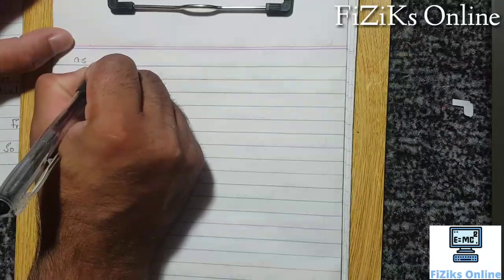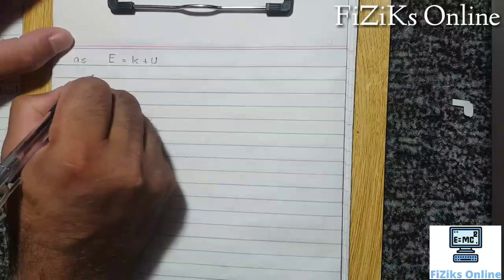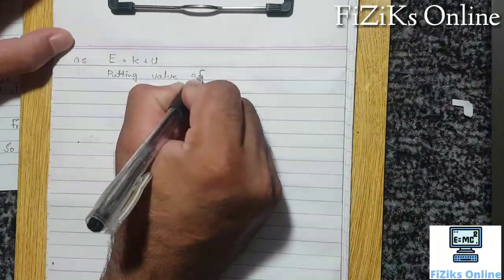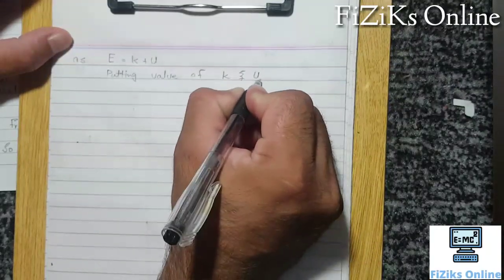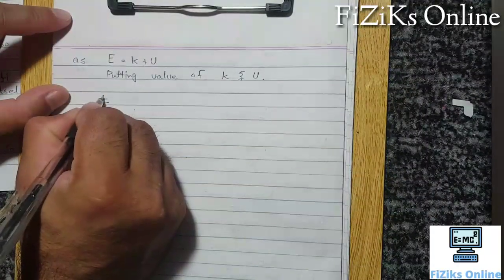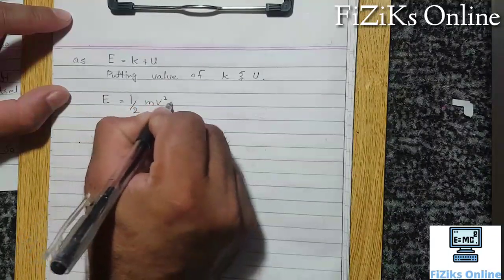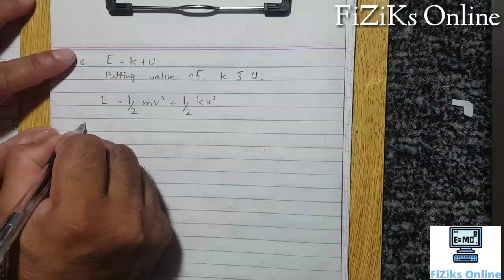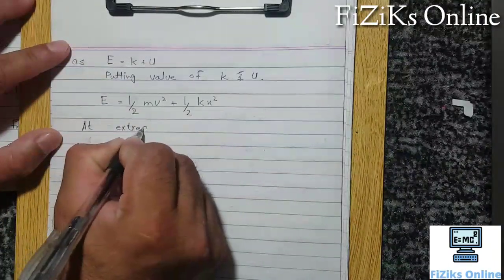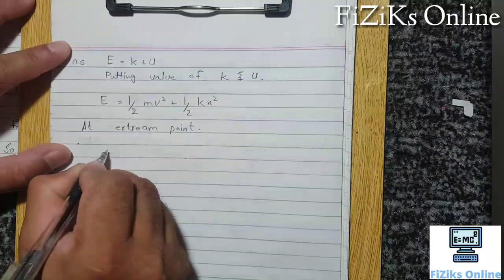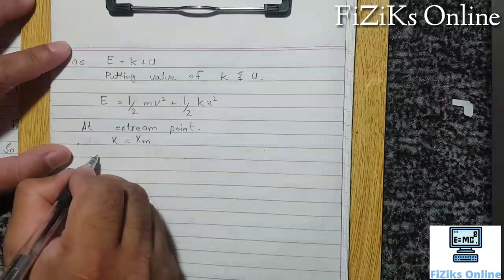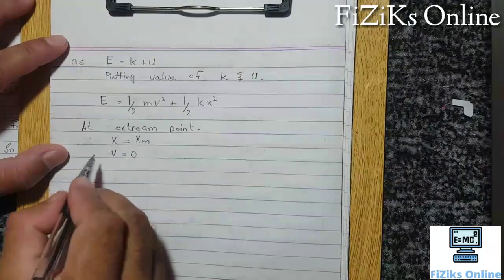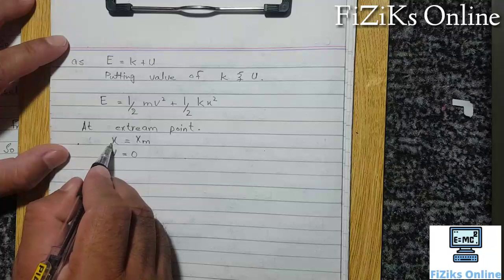Total energy E equals K plus U. Putting the values of K and U, E equals half m v square plus half k x square. At the extreme point, x equals xm and v equals 0. Here v is the velocity and x is the displacement.